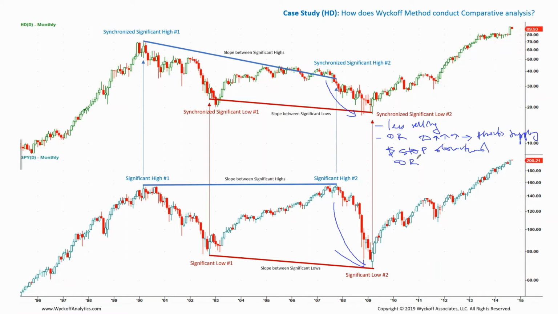So it moves maybe with less aggression. So it moves down less.